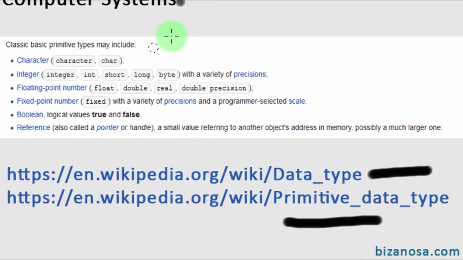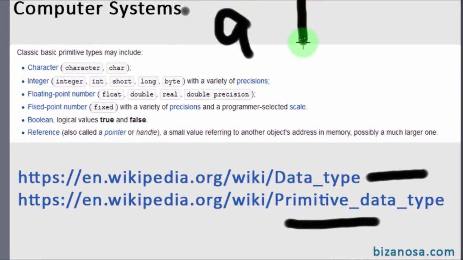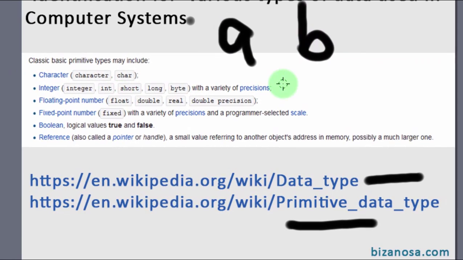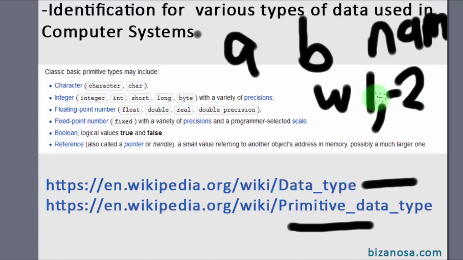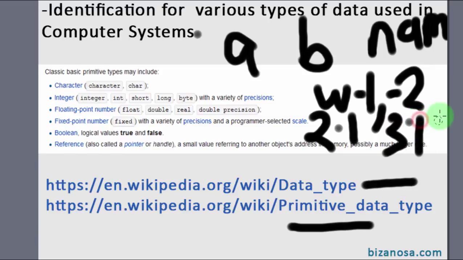But generally, in most programming languages, you're going to come across some kind of data type that handles characters, something like A, B, or something that handles words, maybe a name. And then you'll have some kind of data type that handles numbers. So you can have an integer, 1, 2, or -1, -2, or you can have a floating point number, which essentially deals with decimals, like 2.1, 3.14.